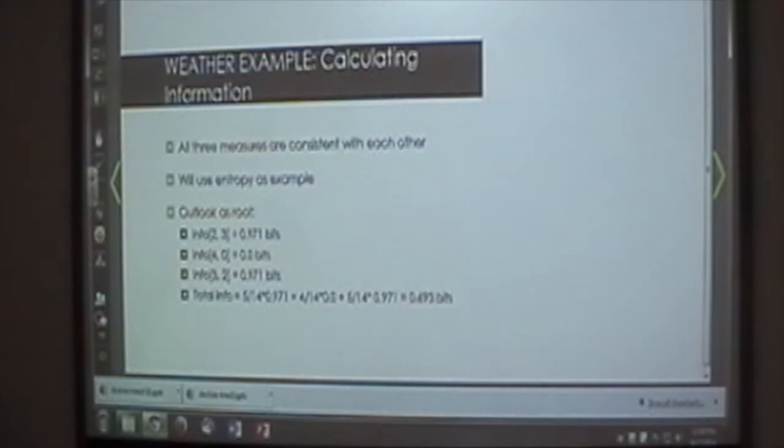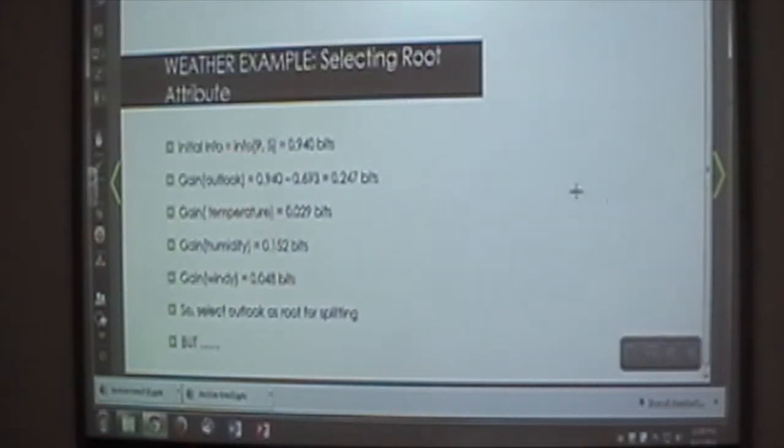Okay. So where we go from this, we similarly can calculate the initial information that we had. We have 14 instances. Of those, 9 were yes and 5 were no. Again, use entropy to calculate that information, and you'll end up with 0.940 bits.